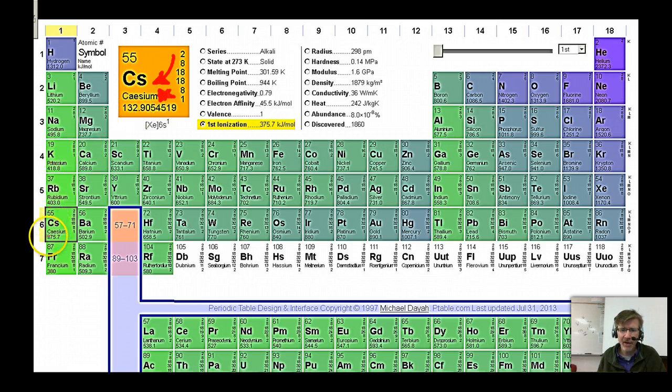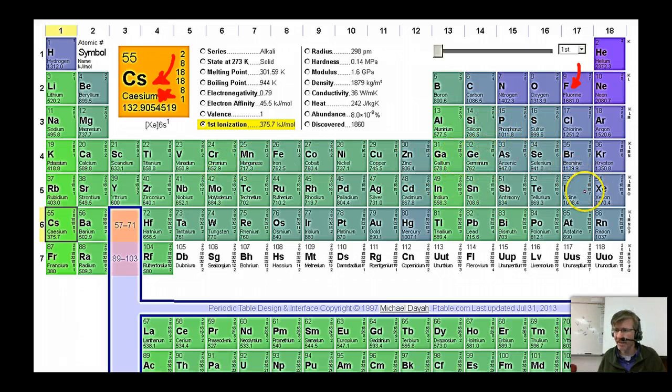Cesium has a fairly low ionization energy. Look at this, 375. Fluorine, remember our pal fluorine, has a fairly high ionization energy. In other words, it is easier to take an electron from cesium than it is to take an electron from fluorine. And that is the indication of ionization energy.